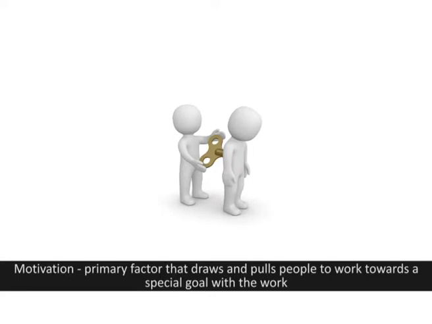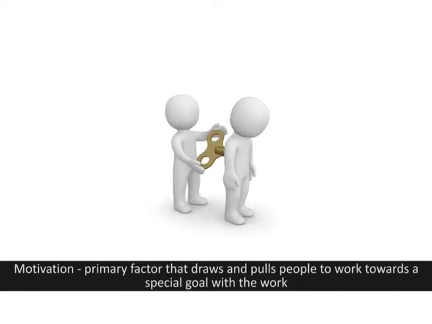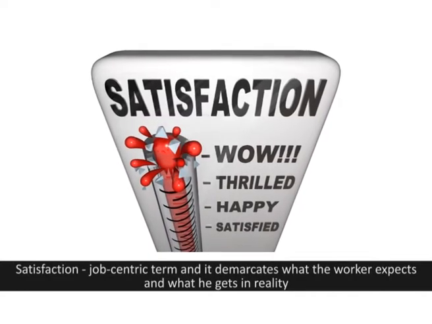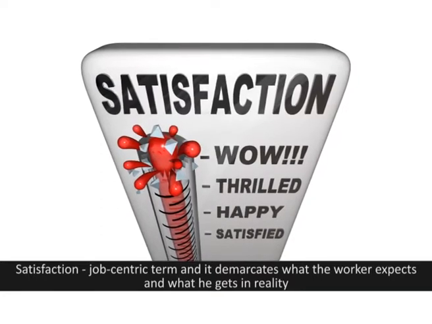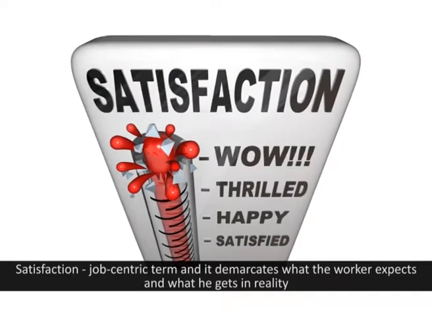Motivation is the primary factor that draws and pulls people to work towards a special goal with the work. This is applicable to a job or a narrow range of jobs. While satisfaction is a totally job-centric term, it clearly demarcates what the worker expects and what he gets in reality. It also refers to what one undergoes and suffers in a work-related environment.